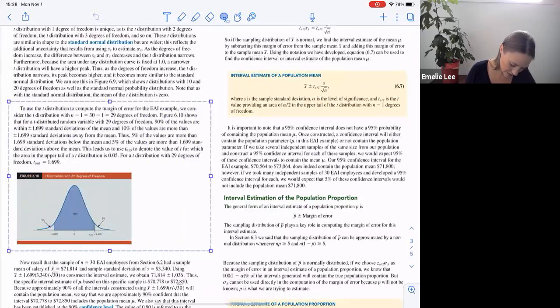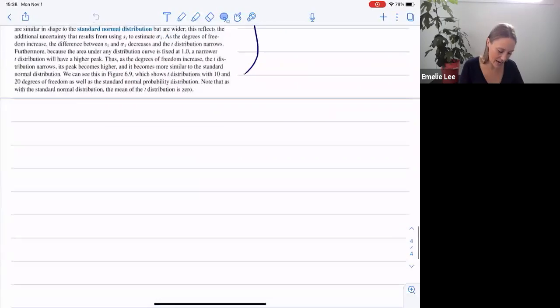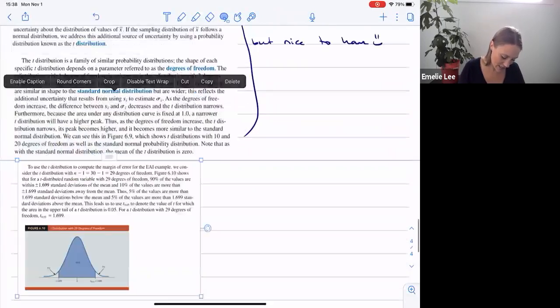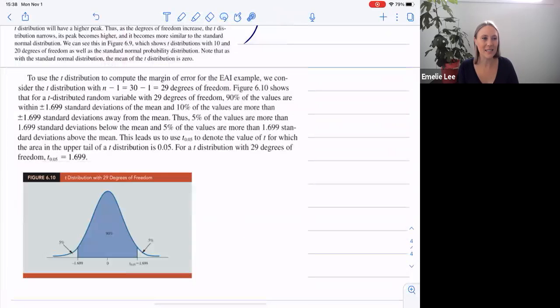So this is referring to that kind of half example that we had last day. We had salary information for, I think, 50 employees out of 2,500. Okay, so as soon as we're trying to analyze the mean, we need to use the t-distribution.